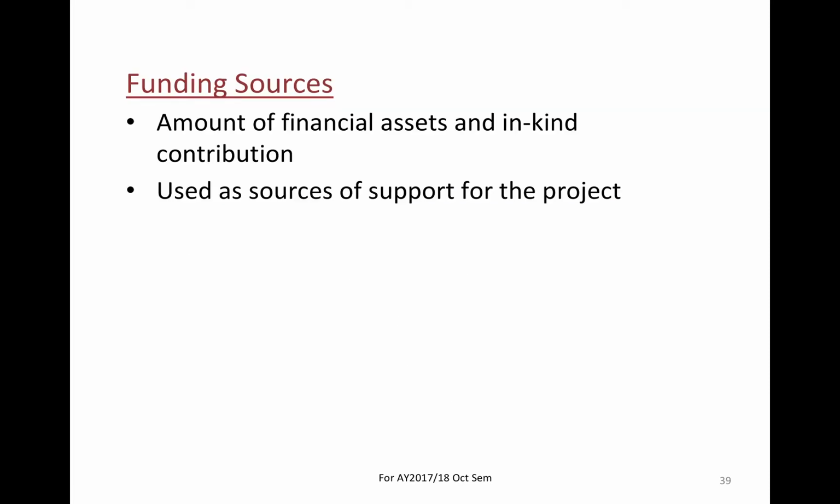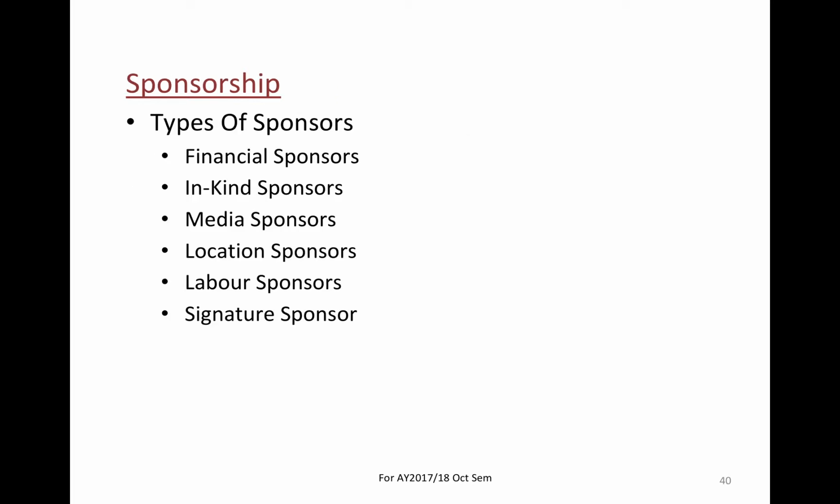So funding sources, right? We have different funding sources. We have financial sponsors, in-kind sponsors. Do you know what is meant by in-kind sponsors? They don't really give you money. Let's say they link you up with their partners, and then their partners eventually sponsor you, fund you. You know that network, right?